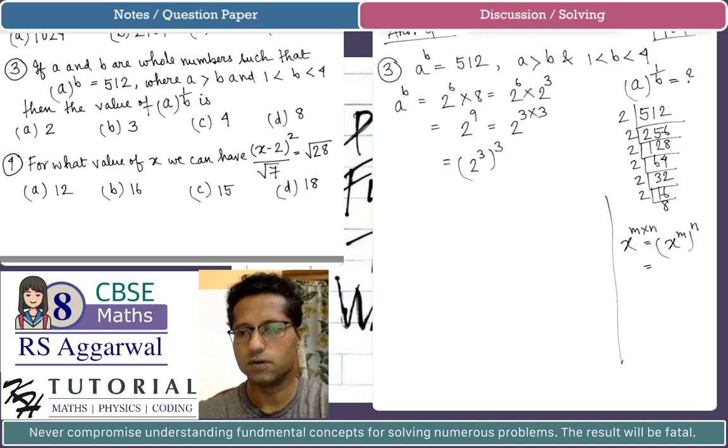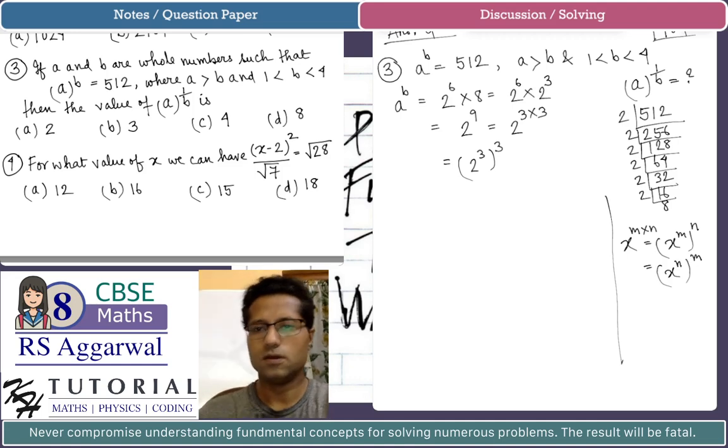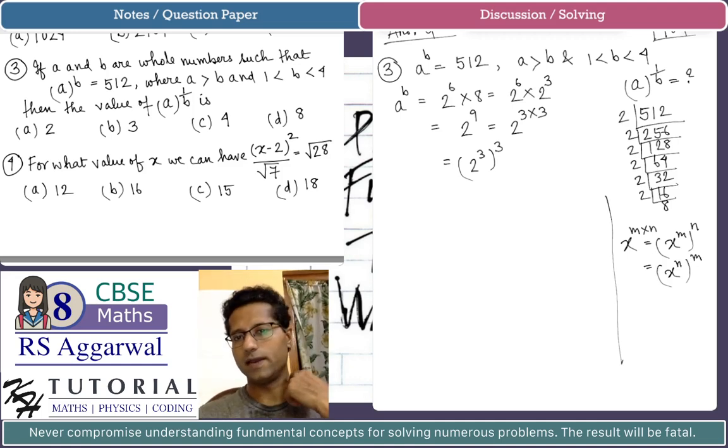This is also equal to x to the power n whole raised to the power m. So we were having 2 to the power 9, and I factorized the power 9 as two factors, 3 into 3, and then I wrote 2 to the power 3 into 3 as 2 to the power 3 whole raised to the power 3.